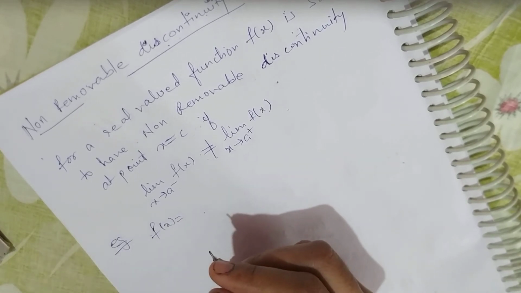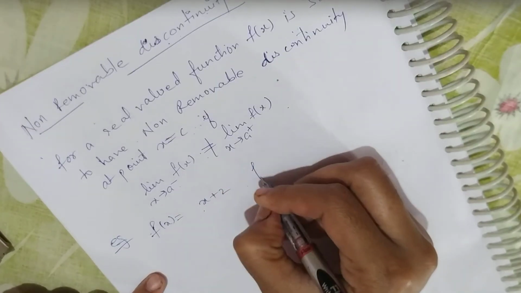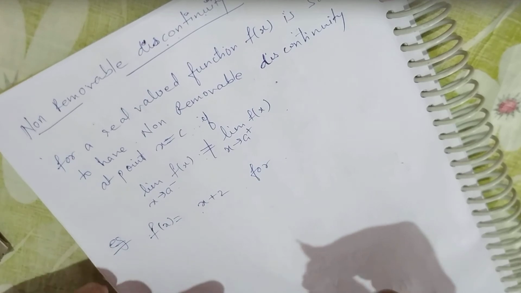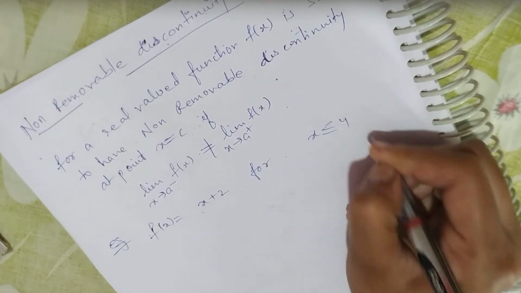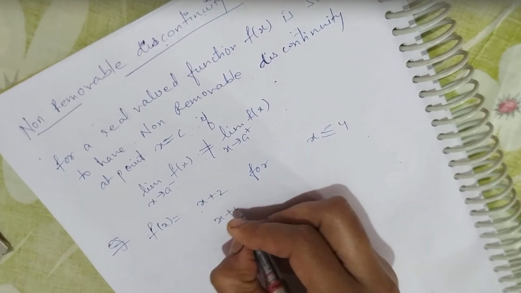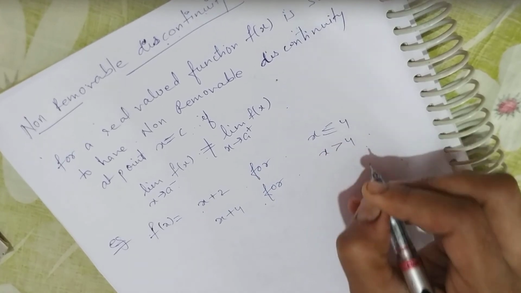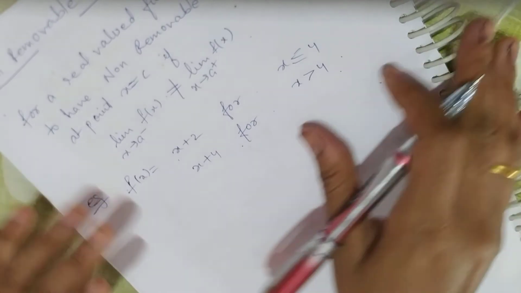Let f of x be a function where the value of the function is x plus 2 for the value of x less than or equal to 4, and the value of the function is x plus 4 for the value of x greater than 4. Now I find the left hand limit and right hand limit of this function.